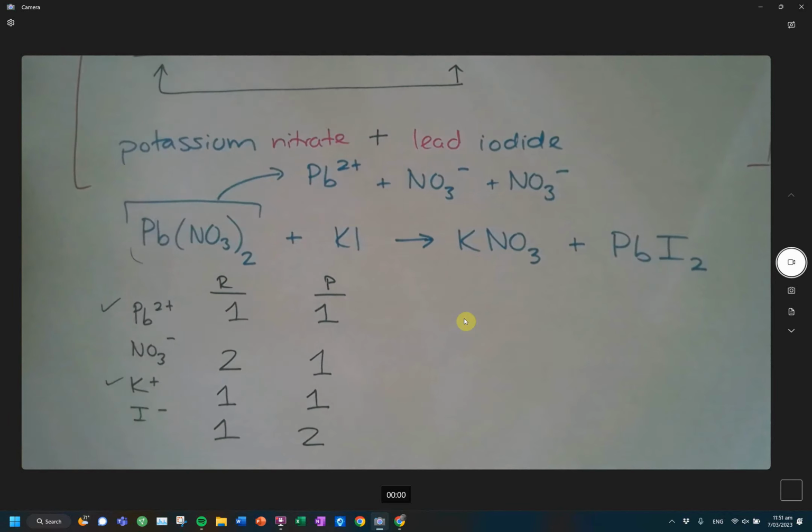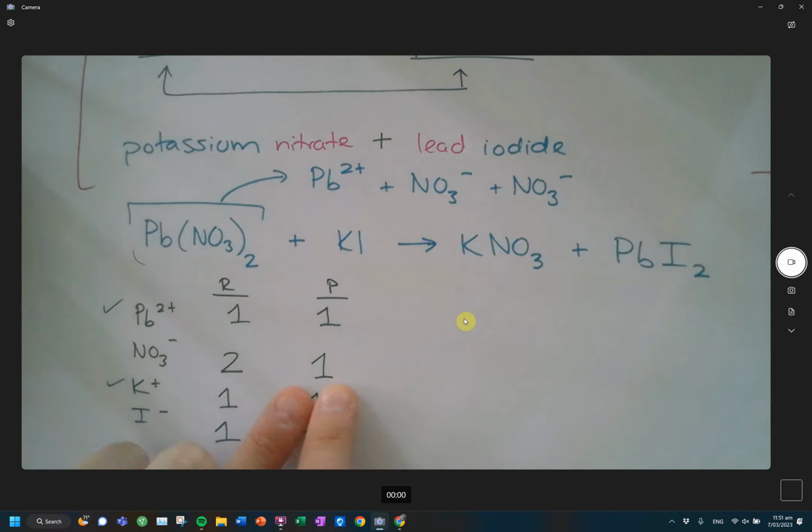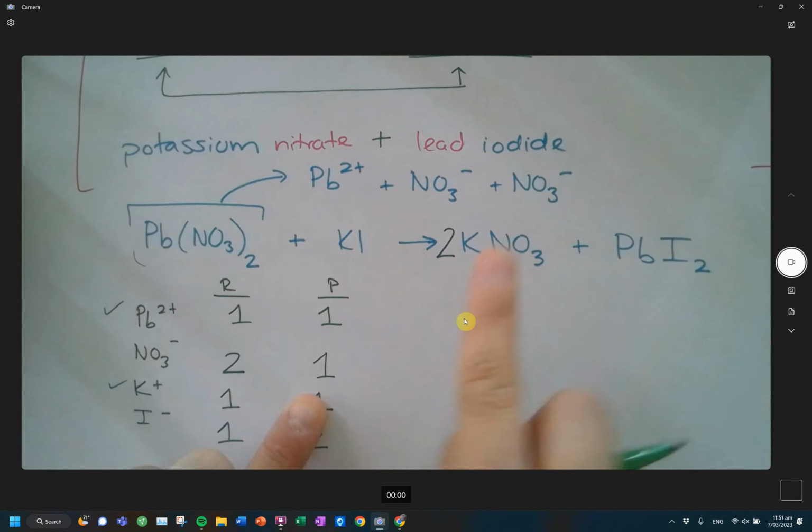So what I need to start doing is adding coefficients. The easiest way for me to do that is just to start putting numbers in front of my compounds. So we'll start with the nitrate. So right now I see the nitrate has 2 on the reactant side and only 1 on the product side. So what I'm going to do is I'm going to put a 2 in front of here, because you can only put numbers in front when it comes to balancing.